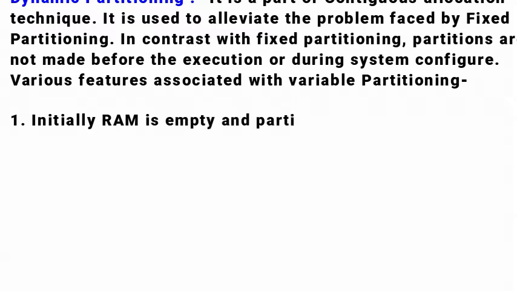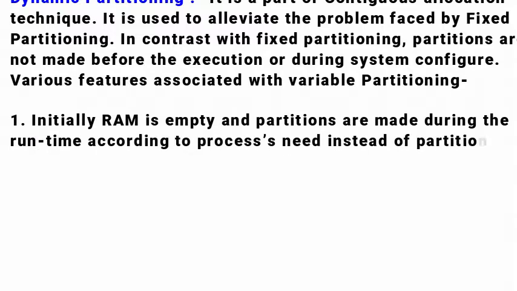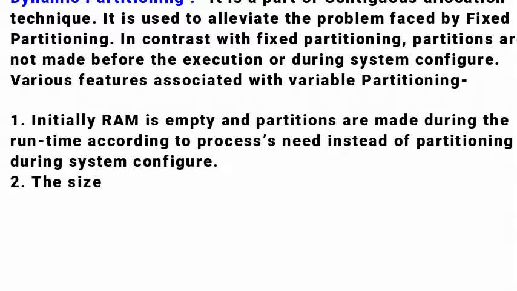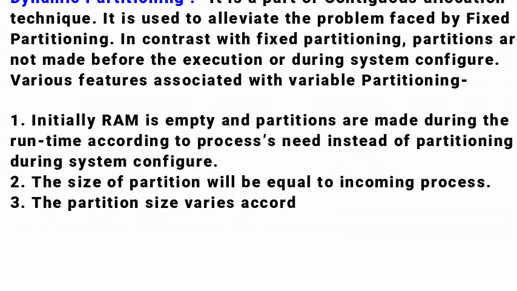Number one, initially RAM is empty and partitions are made during runtime according to process need, instead of partitioning during system configuration. Second, the size of the partition will be equal to the incoming process.